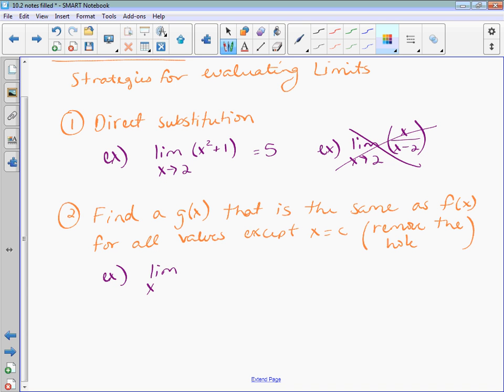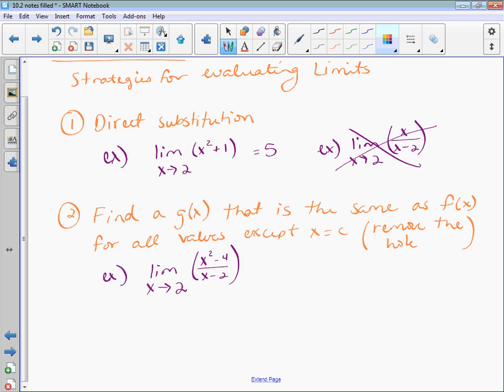Let's do the limit as x approaches 2 of x squared minus 4 over x minus 2. We can't just directly substitute it in, right?